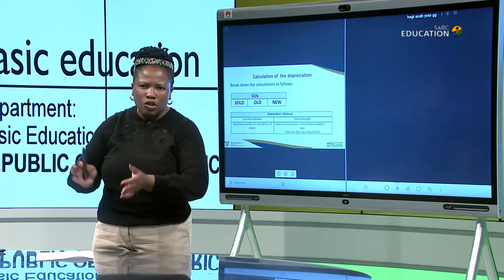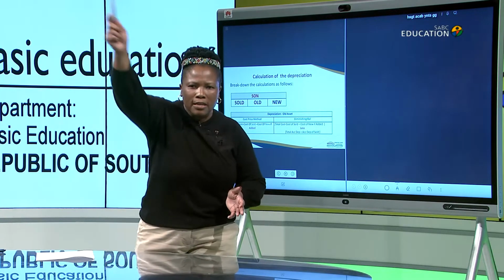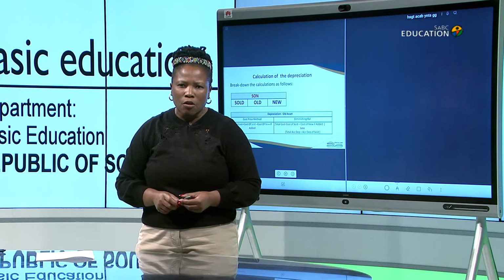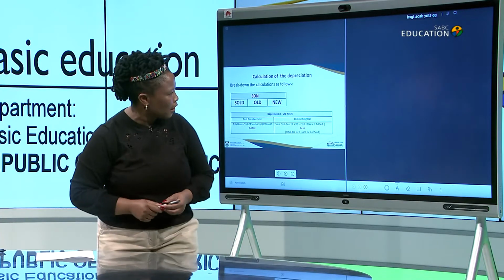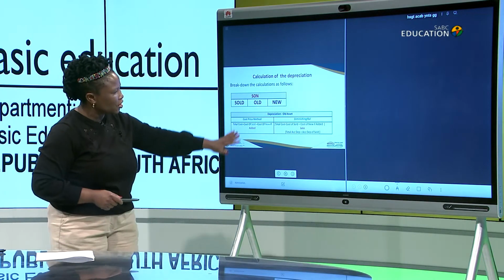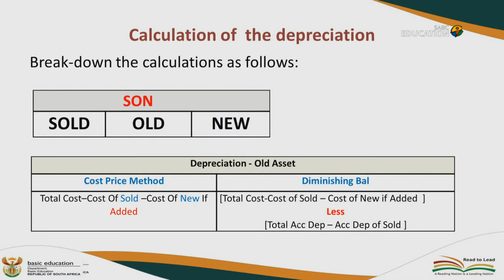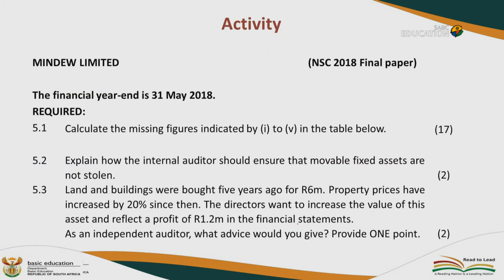Remember, if an asset is new, we will only calculate the depreciation of that asset at the end of the accounting period. I hope this section is fully understood, because this is the key to doing the accurate transactions and calculations.